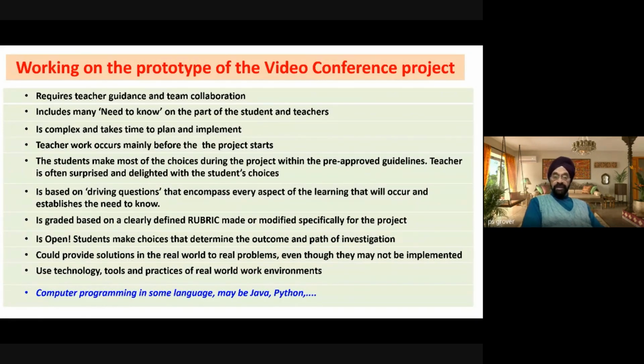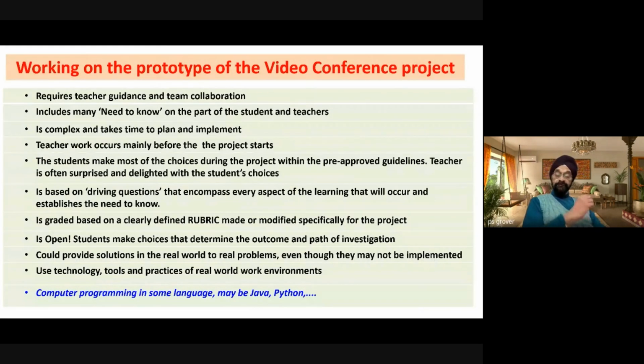Teachers are often surprised and delighted with the student choices. The teacher only gave a hint; students are a very bright entity. Give them the opportunity of exploring things in a different way, in a newer way. That's his learning. It is based on a driving question that encompasses every aspect of learning that will occur and establishes the need to know. It is graded based on clearly defined rubrics.